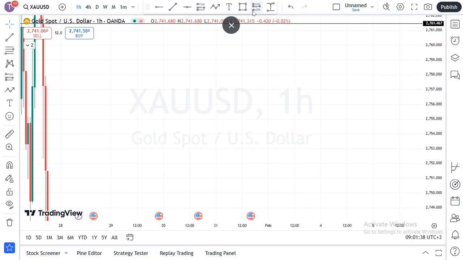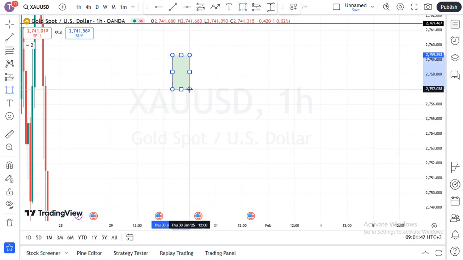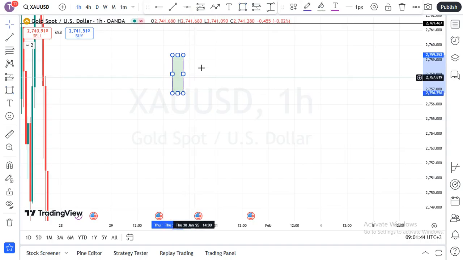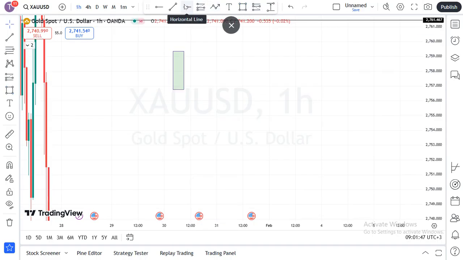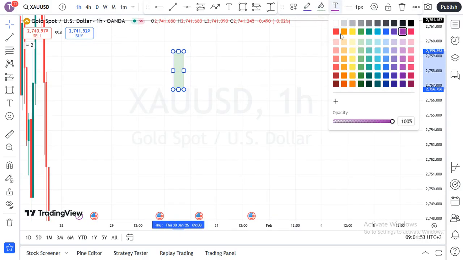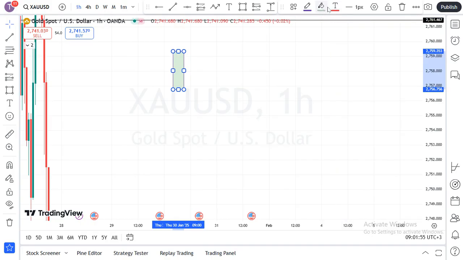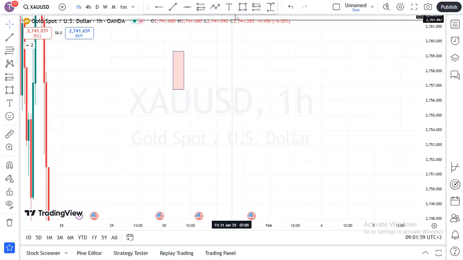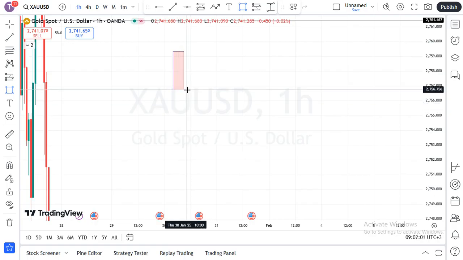another PDRA in a bearish market. Let me make this red. Okay, and maybe we are dropping now.